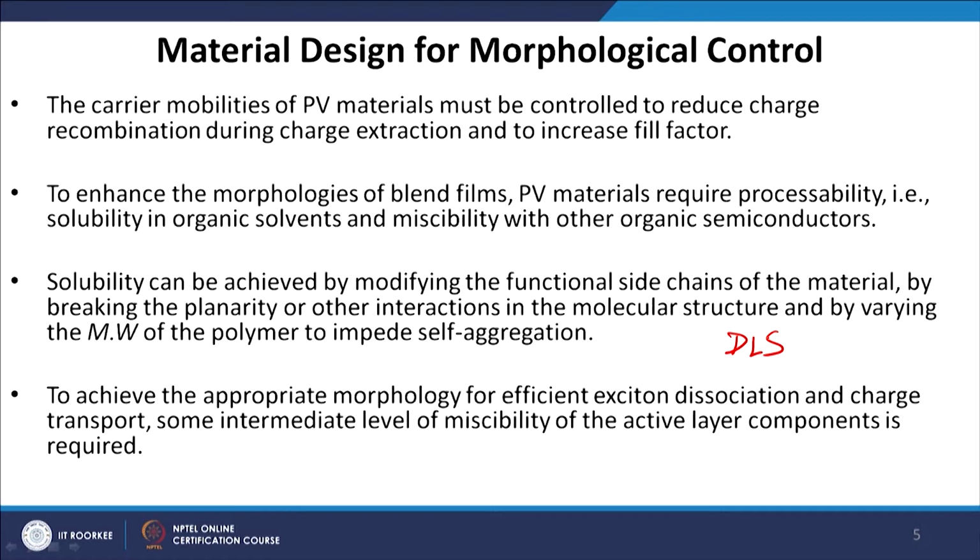Now, here what is usually done is, a laser beam falls on the material. Let us say I have a solvent and I dissolve some kind of material inside it. The material undergoes random Brownian motion. Whenever the light beam falls on it, the material will scatter that light.